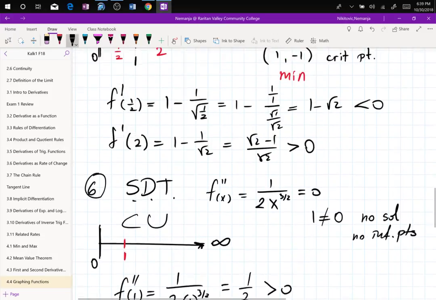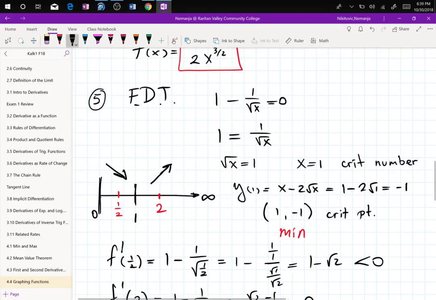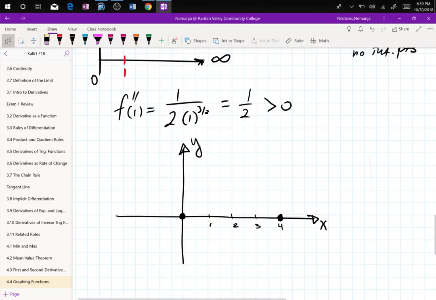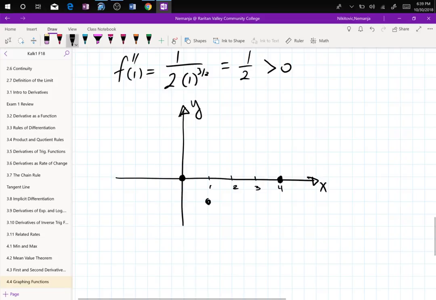The next point is our critical point, positive 1, negative 1. Positive 1, negative 1 is here. And I know I need to put a smiley through it because it's a minimum.